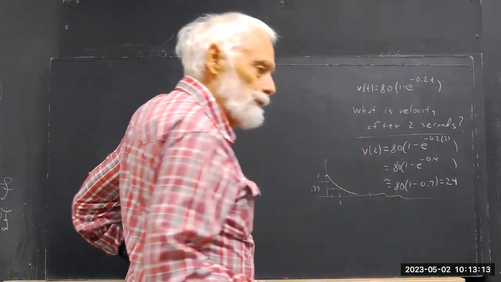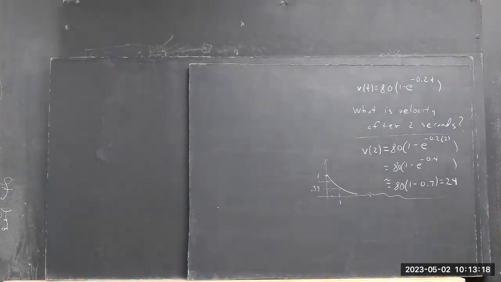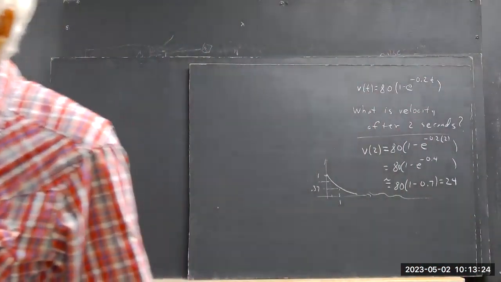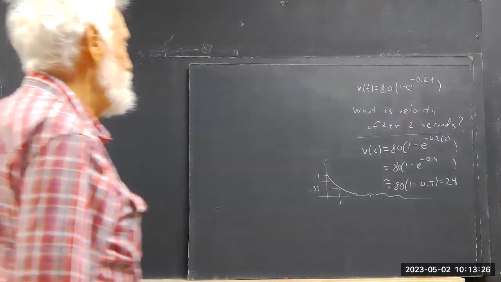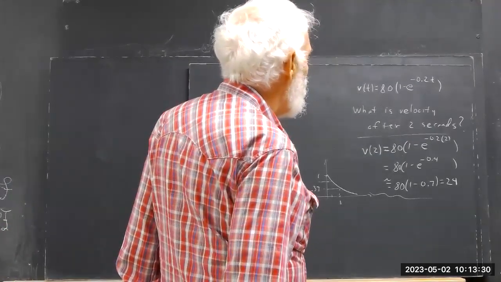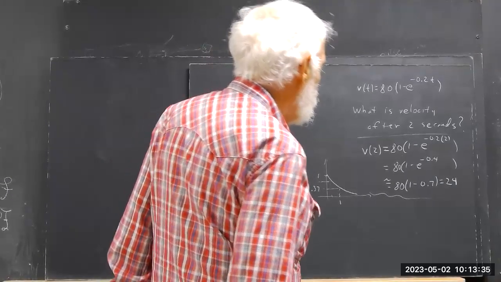Now, the other question is, when will the velocity be 70? And they say this is in feet per second. That's pretty ridiculous. Anyhow.